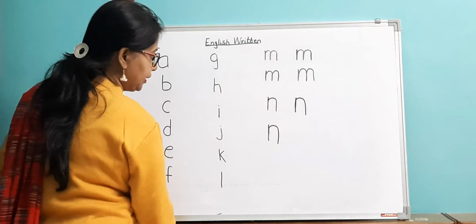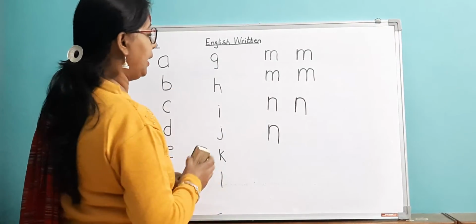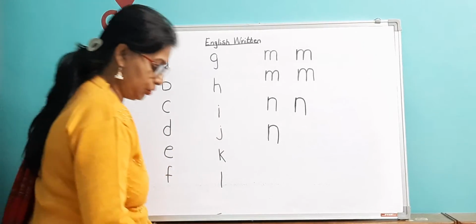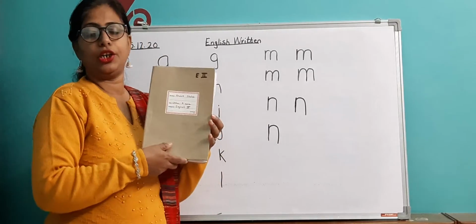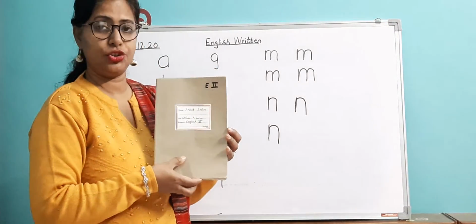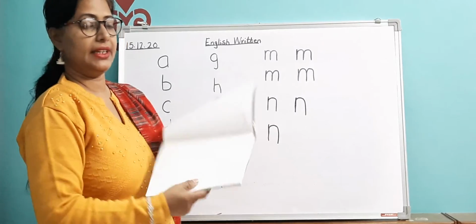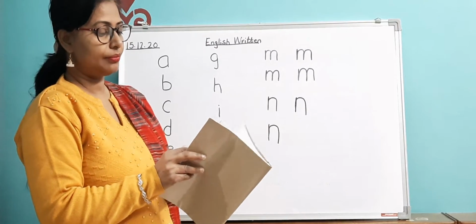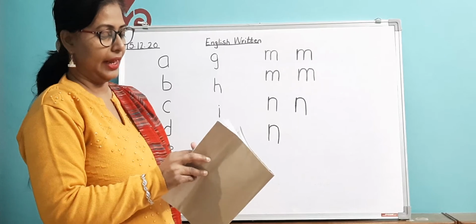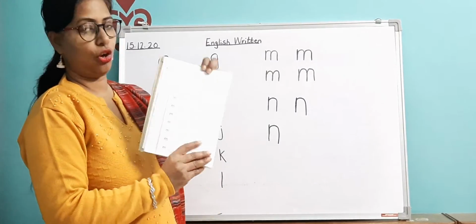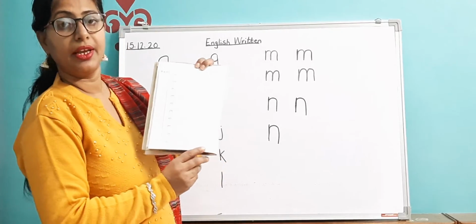So these two alphabets we will be learning how to write within the lines. So you have this English 2 copy. We are going to quickly take out your English 2 copy. In this copy we are going to write this alphabet M. M for monkey and N for nose. So quickly take out your copy and we will do this work in the copy.